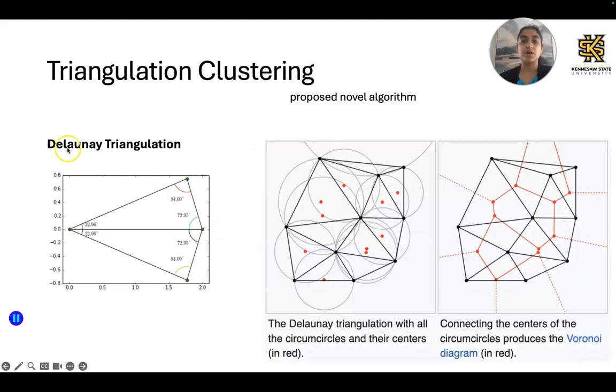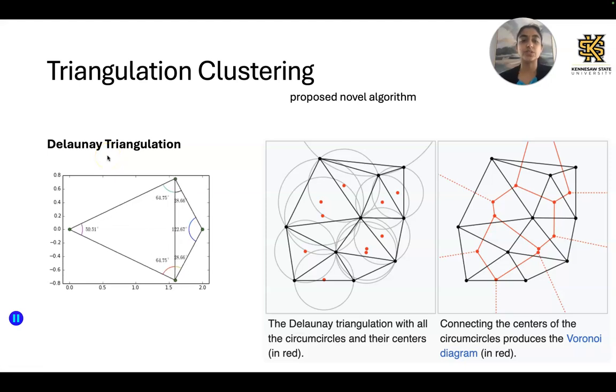Now let's come to our clustering algorithm, which is the Lugnet triangulation. It is named after Boris Lugnet, who worked in 1934. So triangulation is a subdivision of the area into triangles. Triangulation has a property that the circumcircle of each triangle does not contain any points of the triangulation.